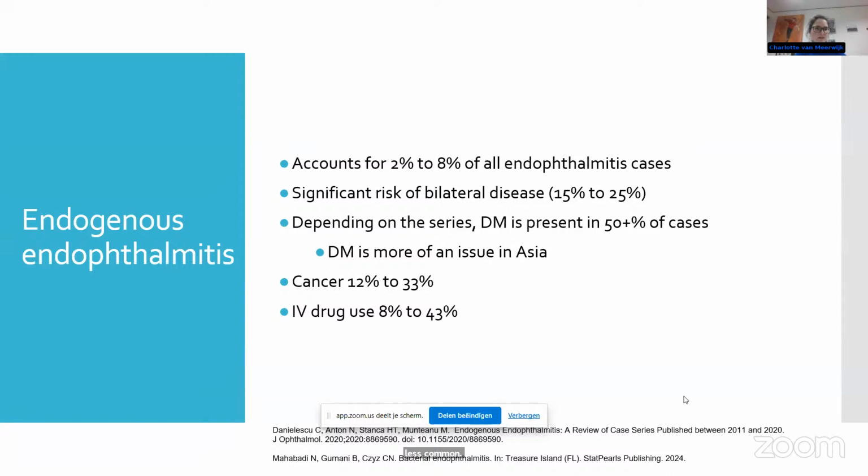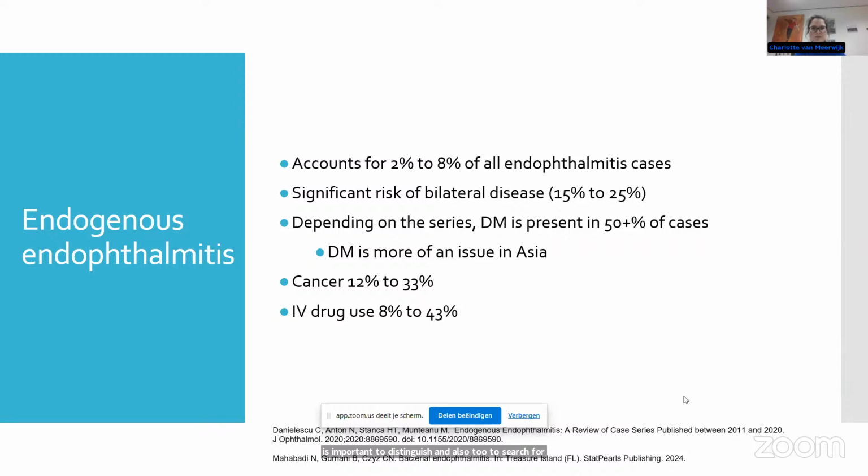Endogenous endophthalmitis accounts for just 2 to 8% of all endophthalmitis cases. Most endophthalmitis cases are caused after operation, but it is important to distinguish and also to search for the etiology.